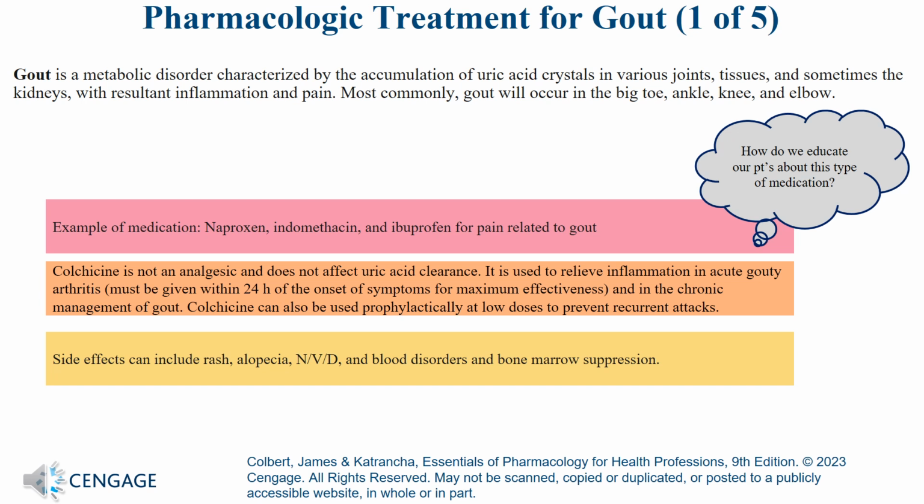Your side effects can include rash, alopecia, nausea, vomiting, diarrhea, blood disorder, and bone marrow suppression. Make sure that we know how to educate our patients about this medication. Make sure to read it.